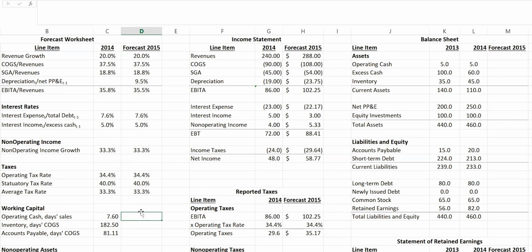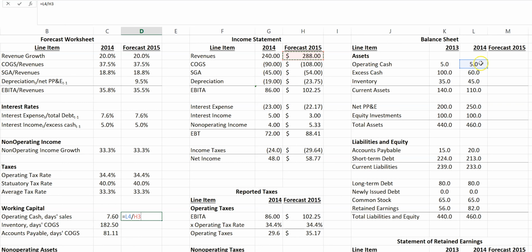Okay. So the second thing is, we want the firm's operating cash to be a percentage of its revenue. And then we want to convert that into what we call a days measure. A days measure is useful for working capital because if I divide the revenue by 365, I get the amount of revenue I earn every day, which here will be slightly less than 1.